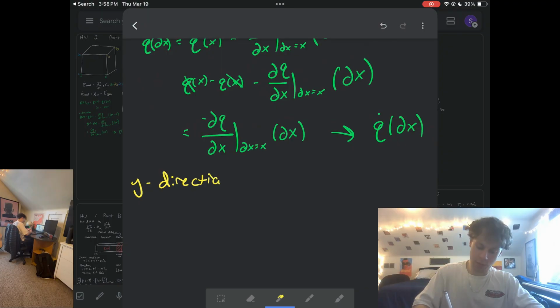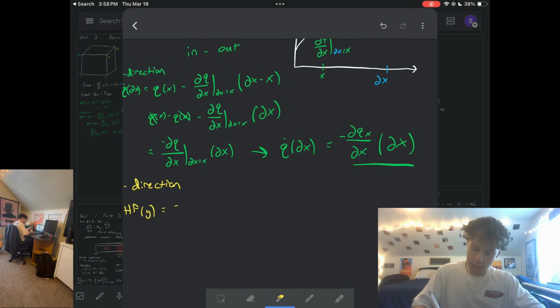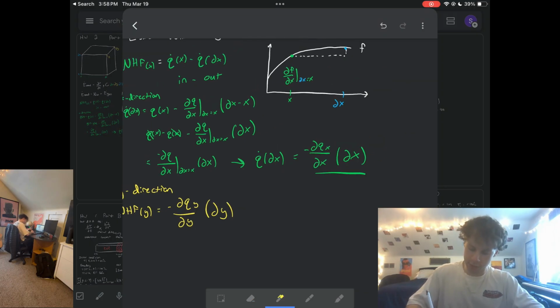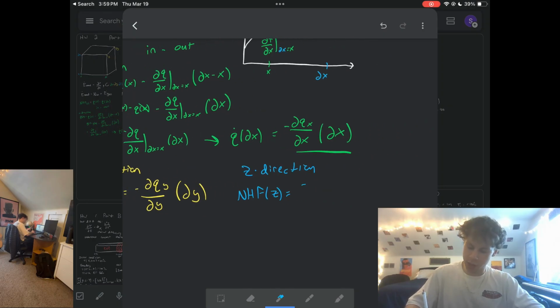So the net heat flow in the y direction will be our negative change in heat flow of the y with respect to change of position times our dy, and then our z direction, net heat flow z direction will be equal to our negative change in heat flow z over change of position times our dz.